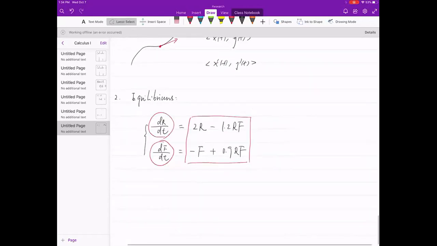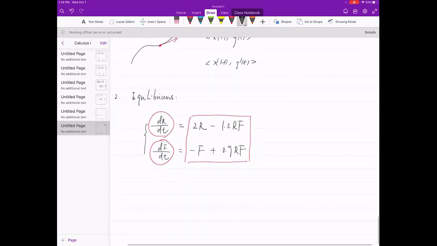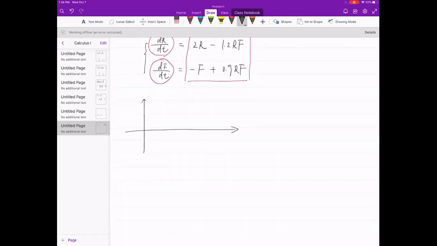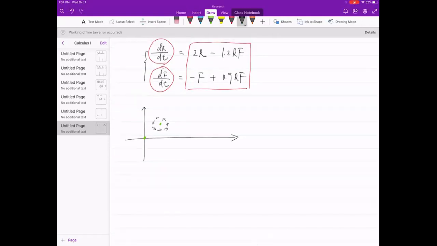Okay, we draw the direction field using a computer. We see something like that, which gives us a solution. By picking a different initial condition, we have different solutions, which is fine. But then we realized there was a point right here, and there was a point right here. It doesn't move at all. We call them the equilibriums.